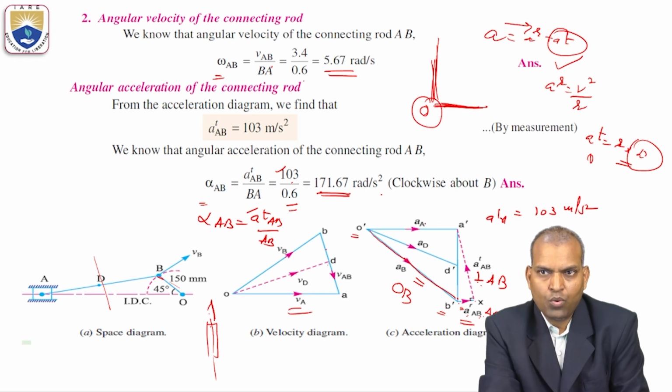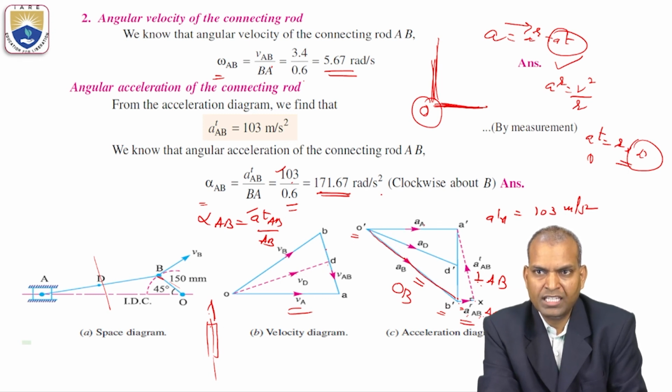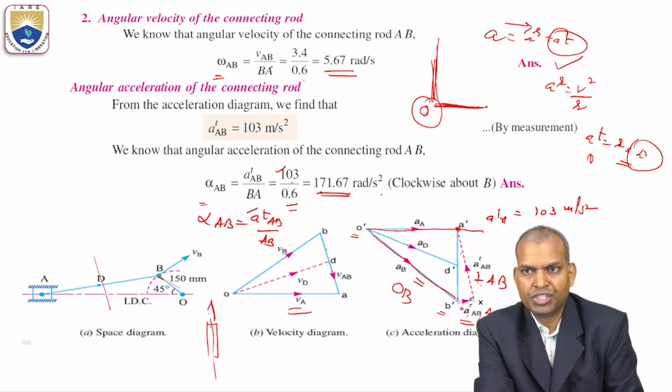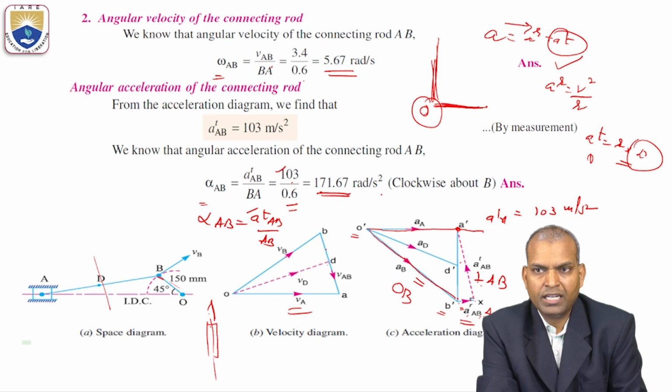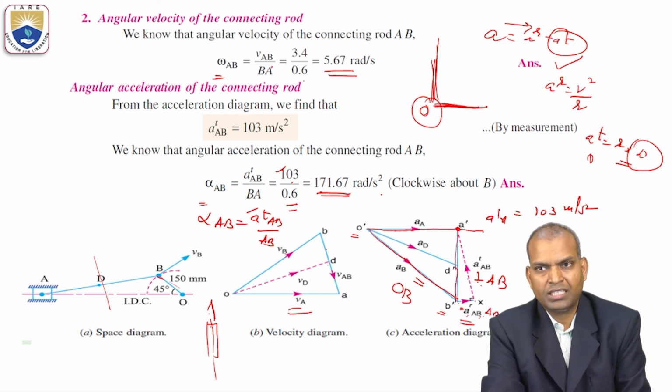Next, O dash A is moving only tangentially, that is parallel. There is no radial component. You draw this parallel line to the sliding motion, and the intersection point is A dash. Next, if you join these two, that is the total acceleration.